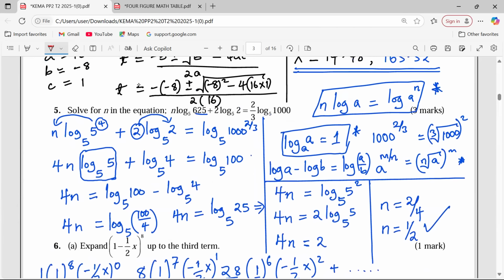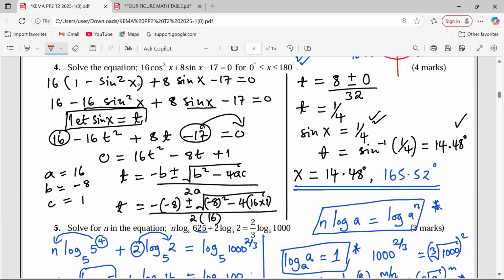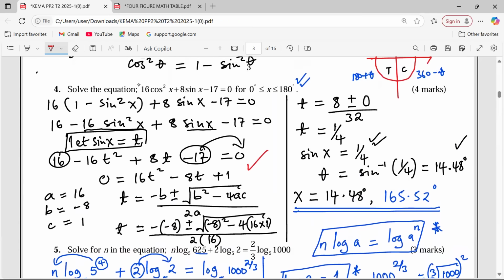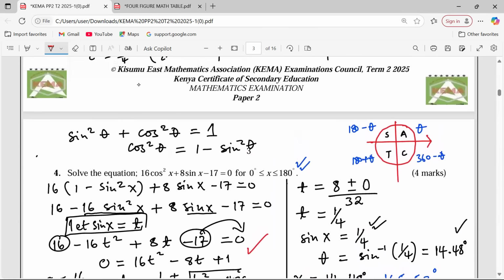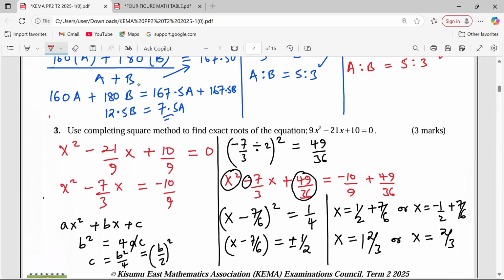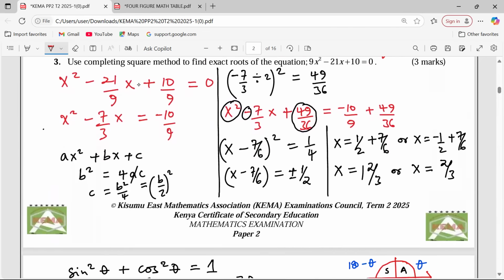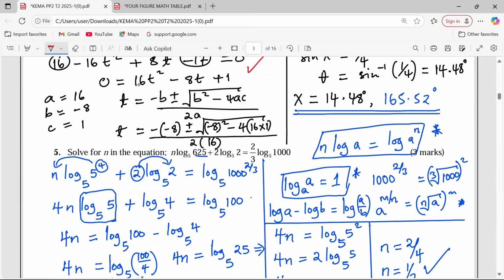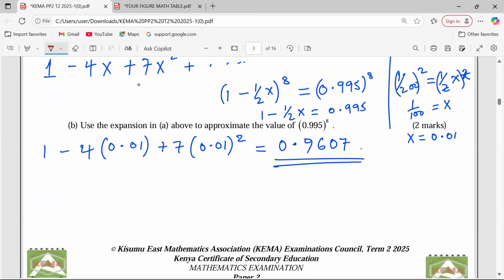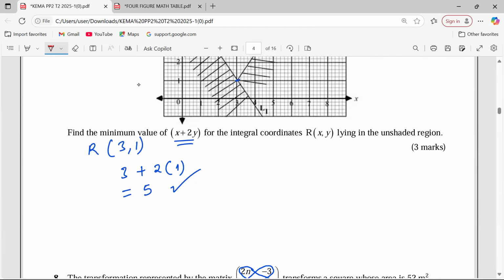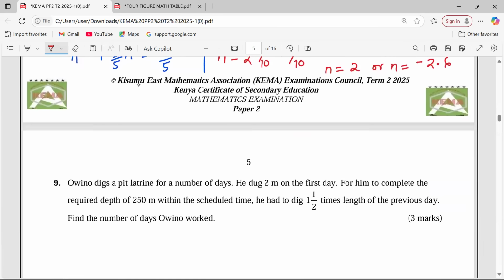We had applied it somewhere here. We were doing trigonometry, but we found ourselves solving a quadratic equation. And there is a time whereby it was the quadratic equation itself. So let us be exposed to quadratic equations by all methods, so that whether we need to solve it or we need to apply it, we are still conversant.